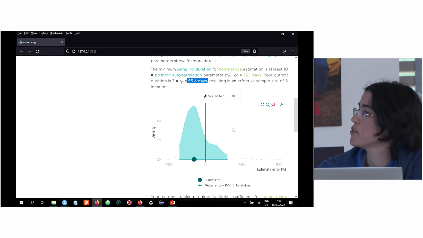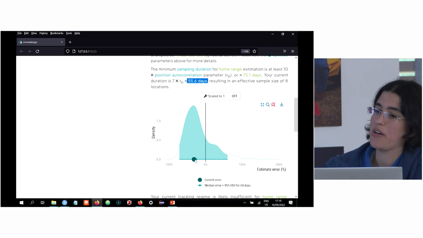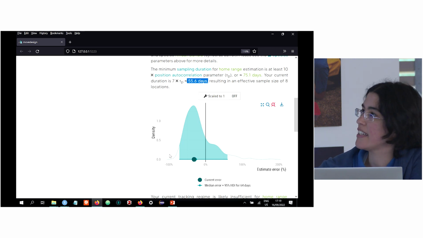You can also see how the simulation that we just ran compares with simulations that have already been run beforehand, looking at the distribution of all the potential estimates that we can get from these sorts of parameters.